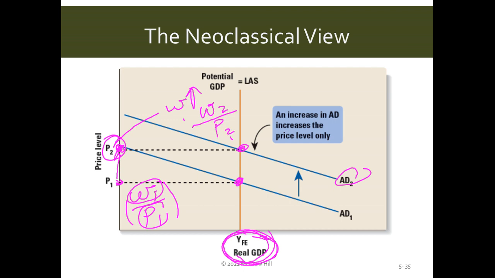Again, you are getting the real wage W2 over P2, which is exactly equal. So your real wage is equal, nothing will change. It will simply increase the price and wage at the same time. So according to neoclassical economists, there's basically no role for government, because there's no such problem. The market will adjust automatically. So this is their view.